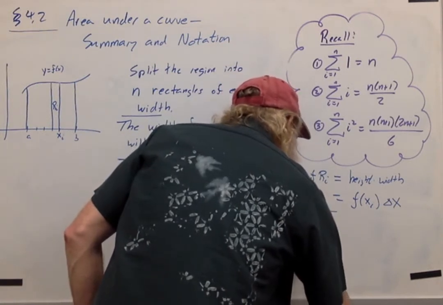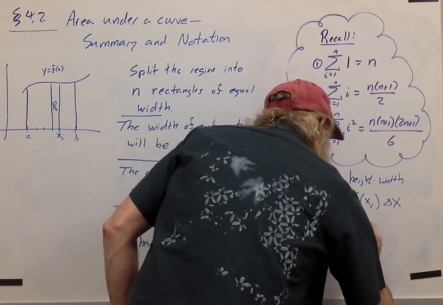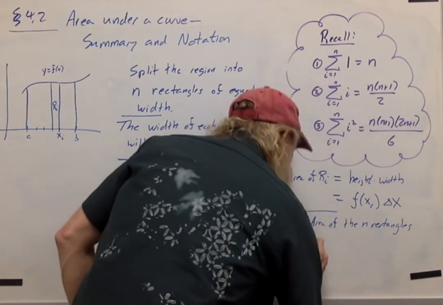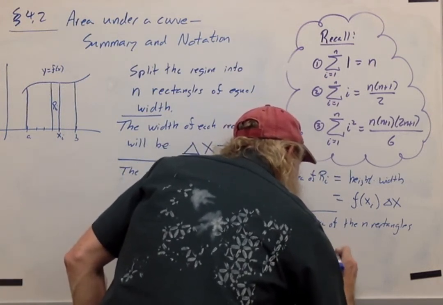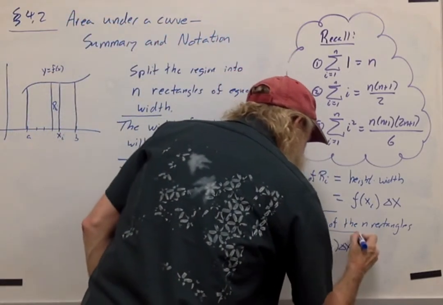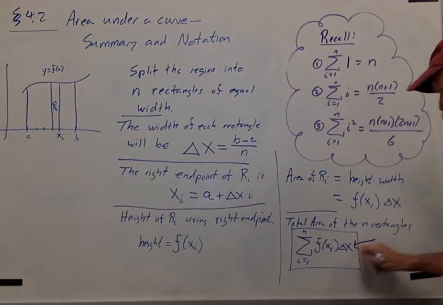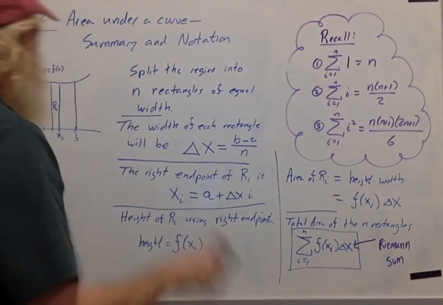So the total area of the n rectangles will be the sum i equals 1 to n of f of x sub i times delta x. And this sum is known as a Riemann sum. It's getting a little small, so I'm going to recopy it up here.